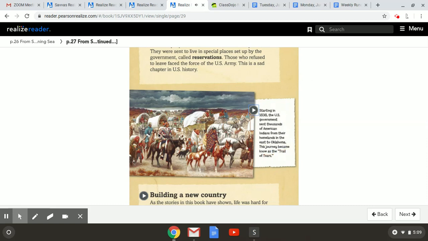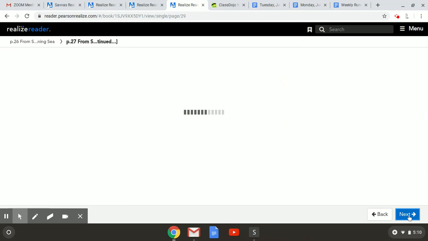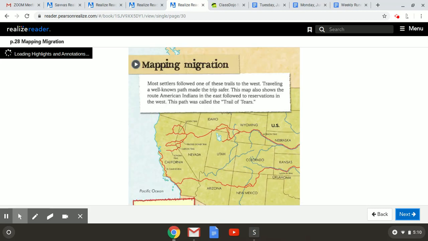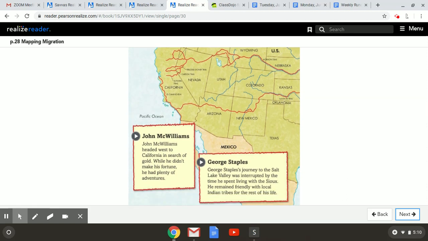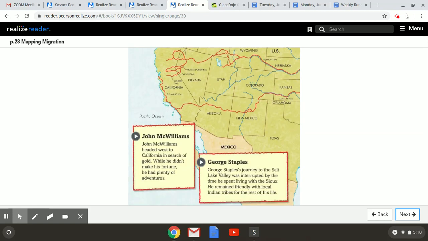So if you wanted to choose this, you would say the image on page 27 taught me, and you could tell us about what happened with those poor American Indians, how they got kicked out and had to go on the Trail of Tears. And then our last 2 pages you can choose from, pages 28 and 29.